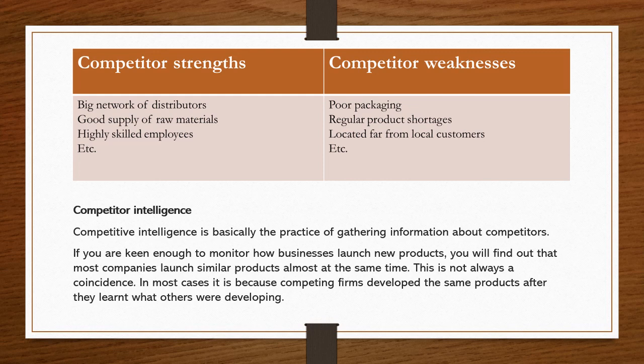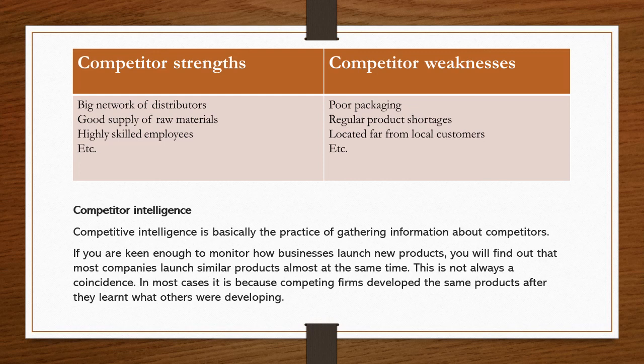So now we are going to look at what we call competitor intelligence. Remember, we discussed customer profiling, and we looked at things like data collection from customers. So now we are going to look at something somehow related to customer data collection or customer intelligence, and this is the competitor intelligence.